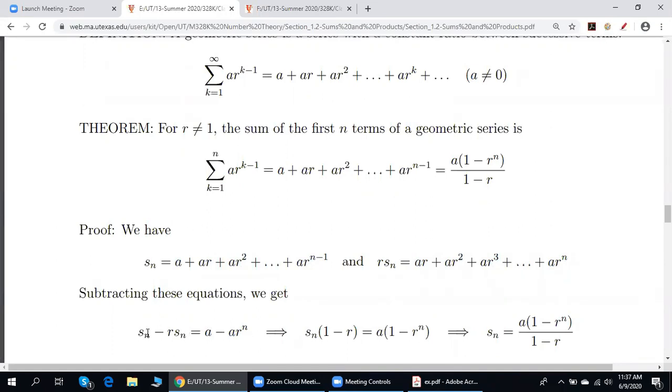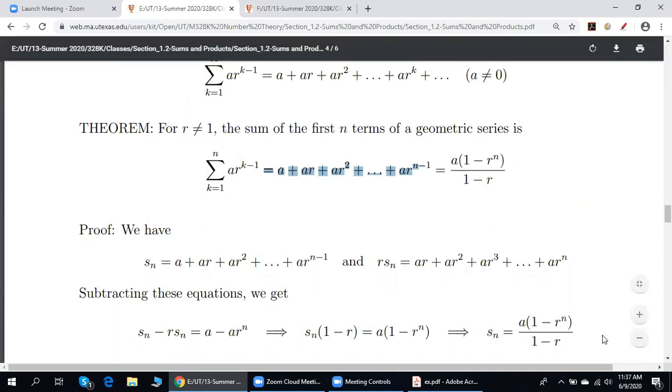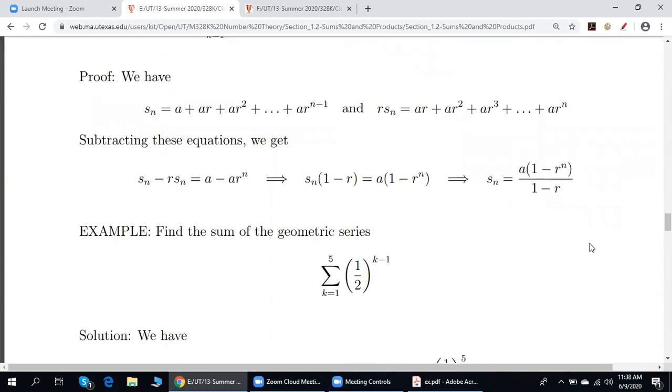Lastly, let us factor out here the common term Sn, done. And finally, let us divide both sides by 1 minus r. Here is the formula. Sn, which is this, is equal to a times 1 minus r to the nth power divided by 1 minus r.